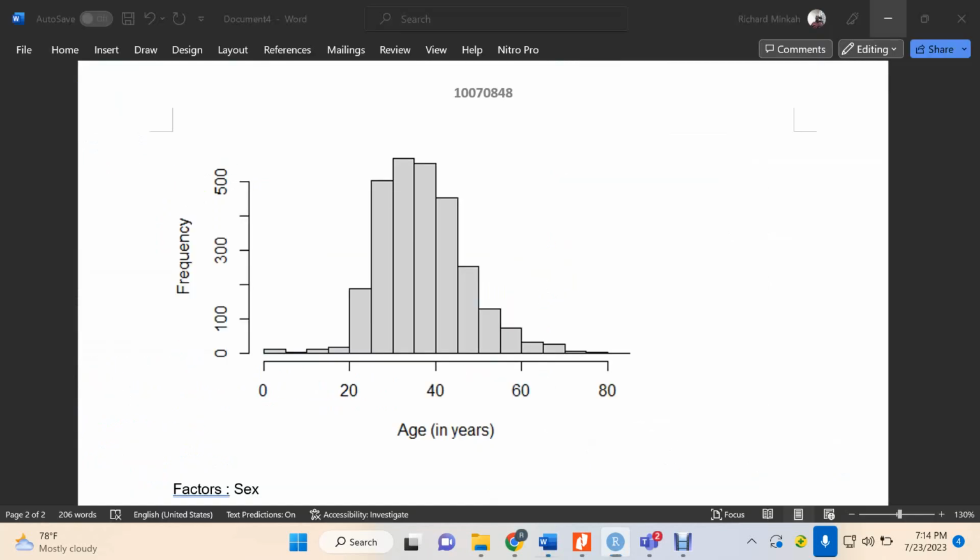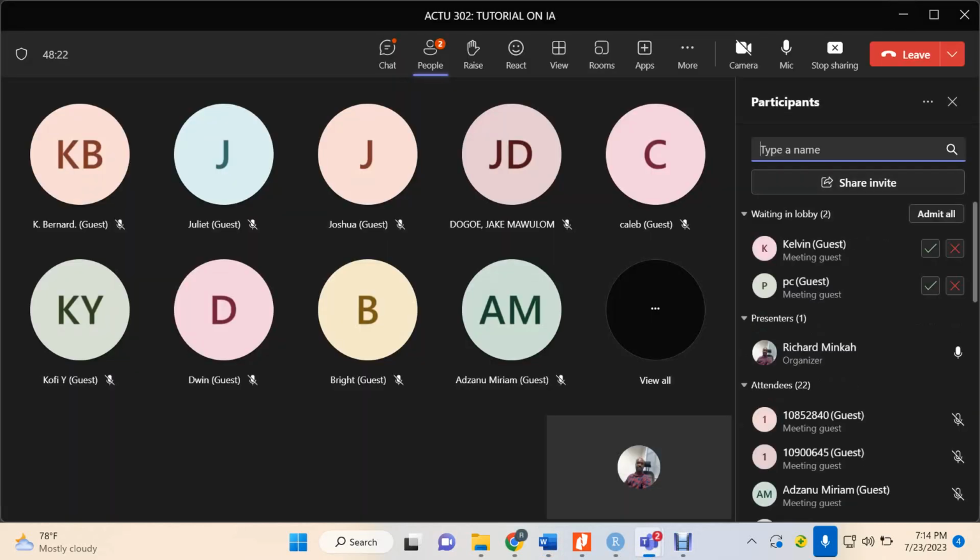So we can say that the age distribution is approximately normal. That is, you don't have significant outliers.